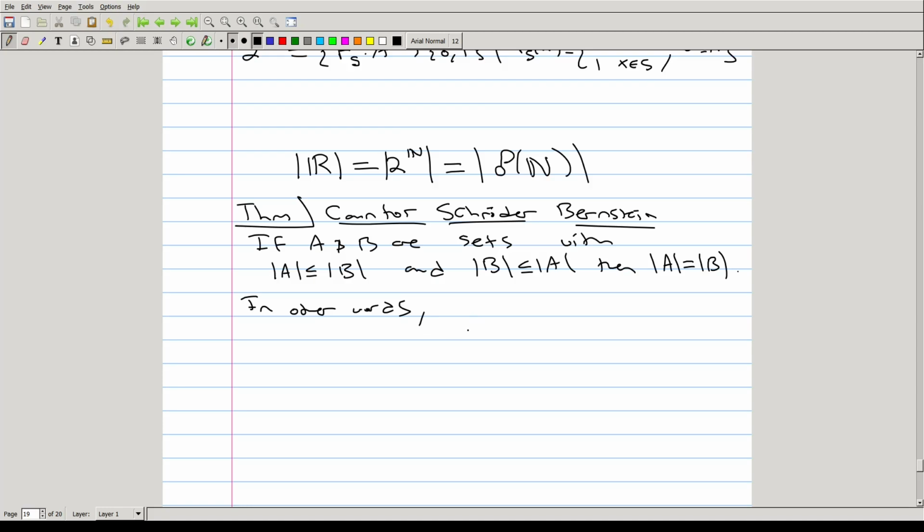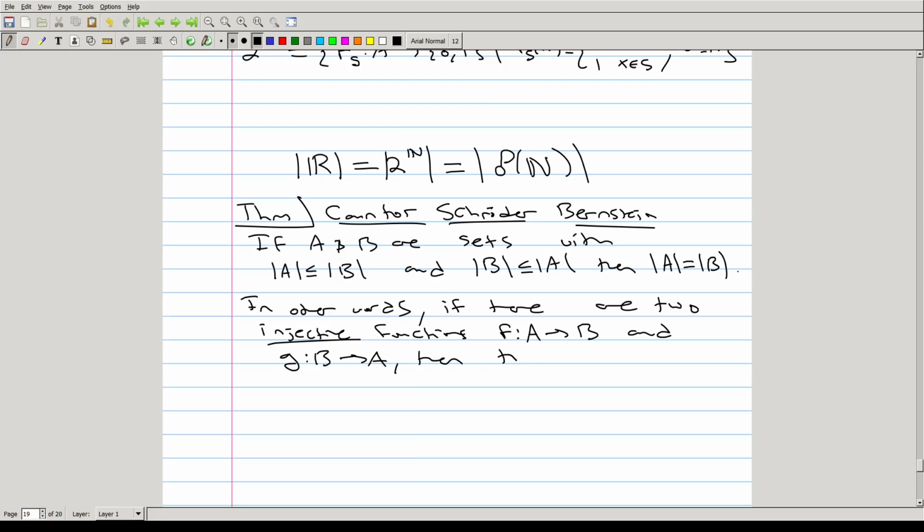So we have that if there are two injective functions, f from A to B, which is injective, and g from B to A, because this is what we need to have these two inequalities with the cardinalities here, then there exists a bijection between the sets A and B.